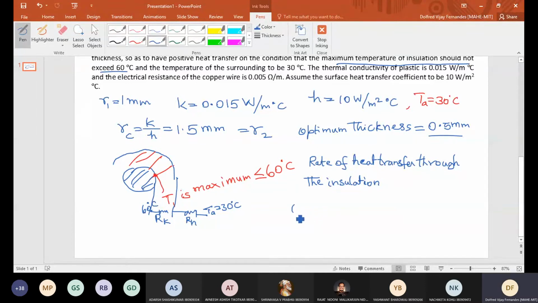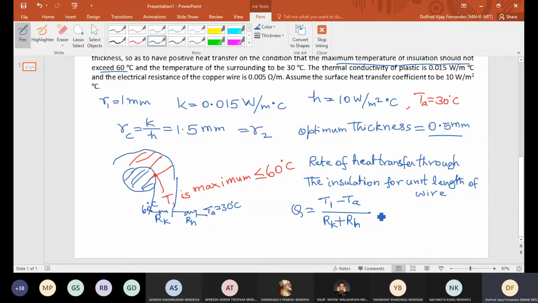So write Q equal to (T1 minus TA) divided by (RK plus RH). Substitute for it. We can write this for unit length of the wire. Because the length of the wire is not given, we will take a 1 meter length of the wire.